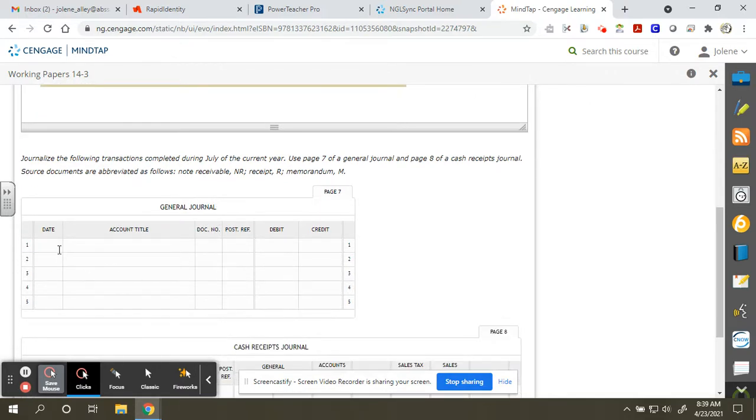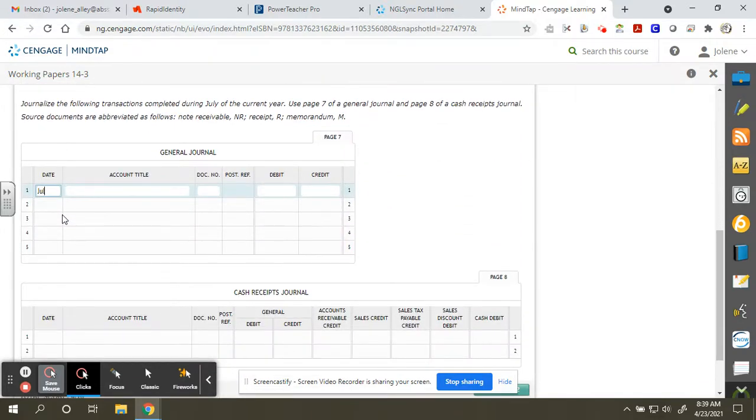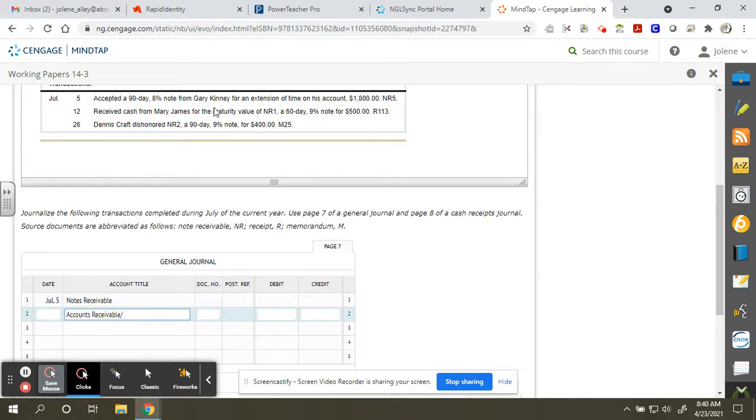So, let's say June 5th, July 5th. The example for this is on the top of page 426. So this notes receivable is coming out of accounts receivable from Gary Kinney.